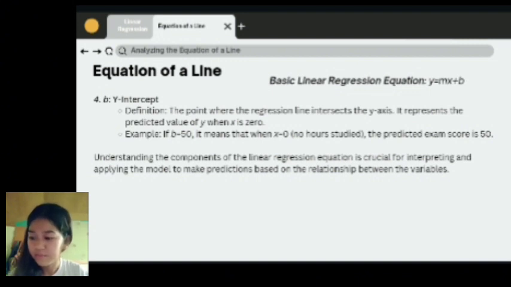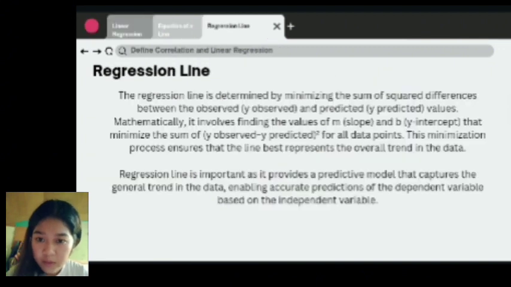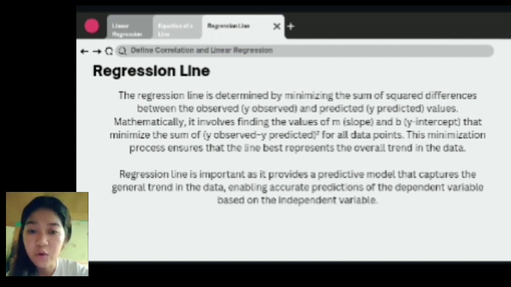And next, the regression line. The regression line is determined by minimizing the sum of square differences between the observed y and predicted y values. Mathematically, it involves finding the values of m (slope) and b (y-intercept) that minimize the sum of the squared differences between y observed and y predicted for all data points.